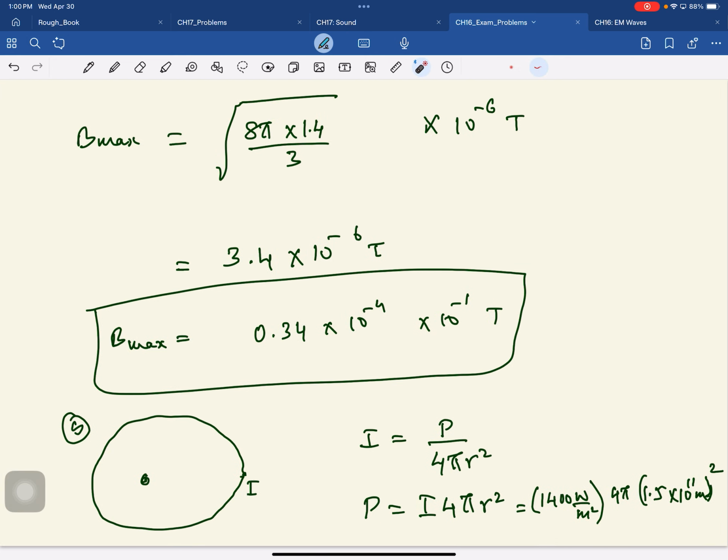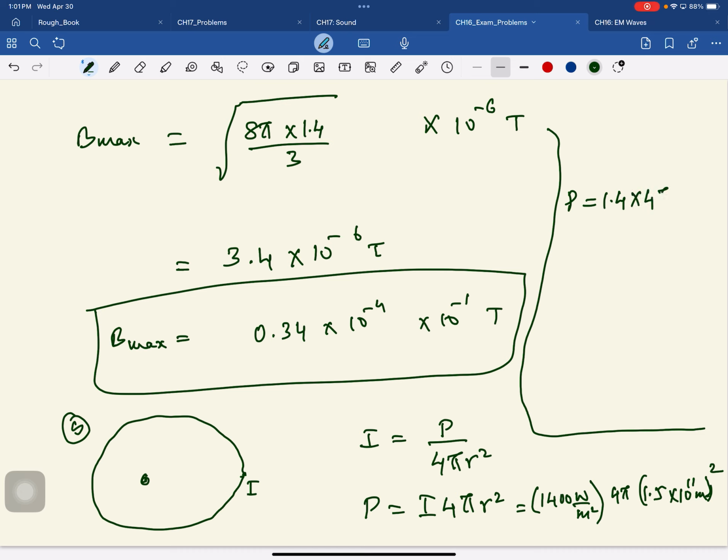So this is 10 to the 22. We'll make it 10 to the 25, and I'll do it right here. So power is 1.4 times 4 pi times 1.5 square times 10 to the 25 watts.